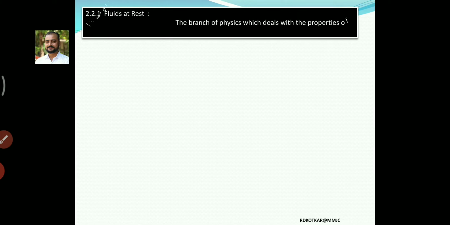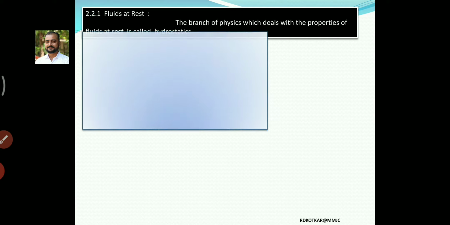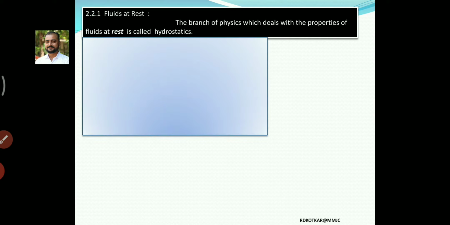Next topic, which is very important: fluid at rest. We just studied this definition: the branch of physics which deals with the study of properties of fluids at rest is called hydrostatics. In short, the study of fluid at rest is called hydrostatics.